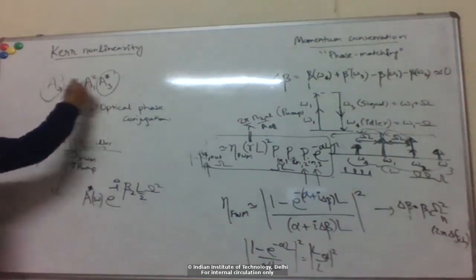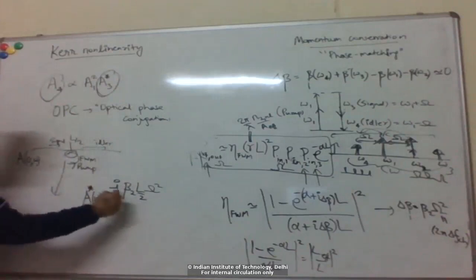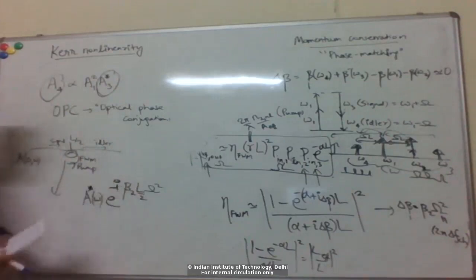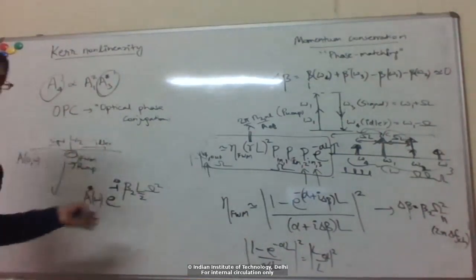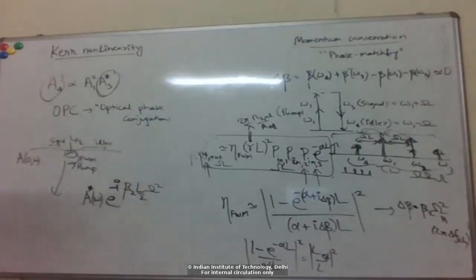The idler generated is the conjugate of the signal, so the idler spectrum looks like this. It has a minus, so its phase sign is opposite.